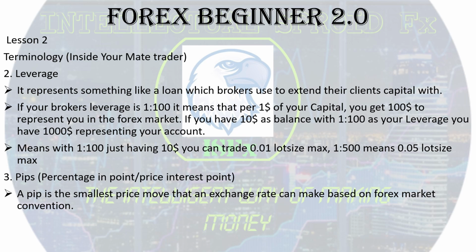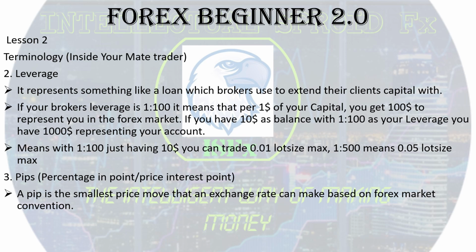A pip is the smallest price move that an exchange can make based on the forex market convention. Although it is the smallest price move the forex market can make, it is also the price itself.